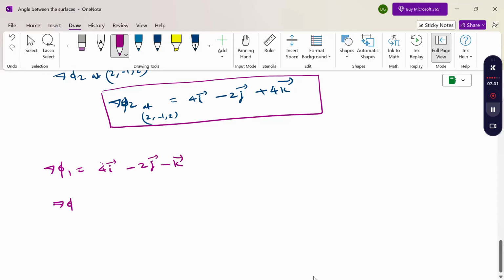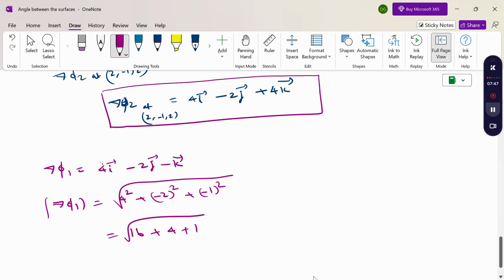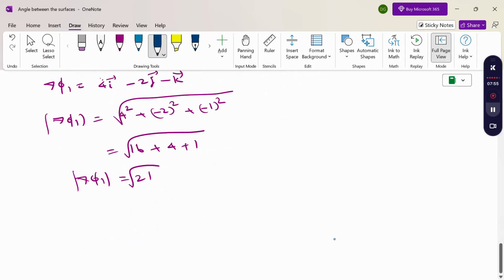Taking the modulus, it is the square root of 4 square plus minus 2 square plus minus 1 square, that is 16 plus 4 plus 1, therefore root 21. This is the modulus of del phi 1.